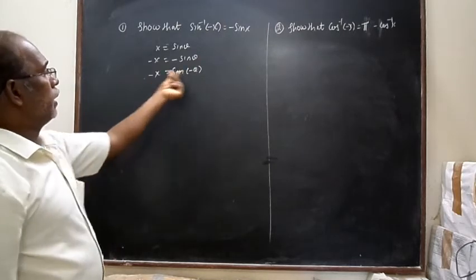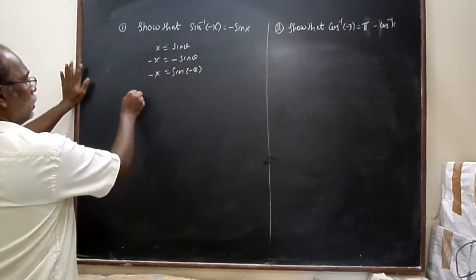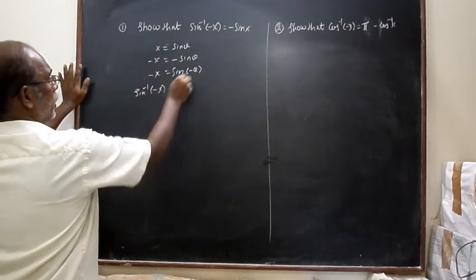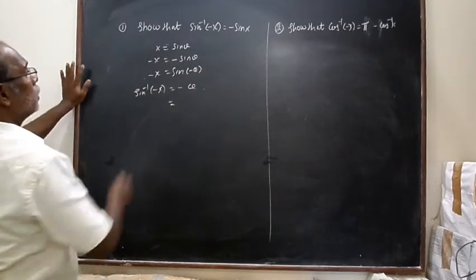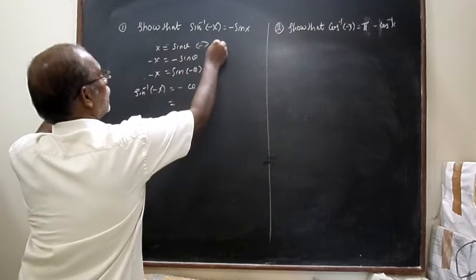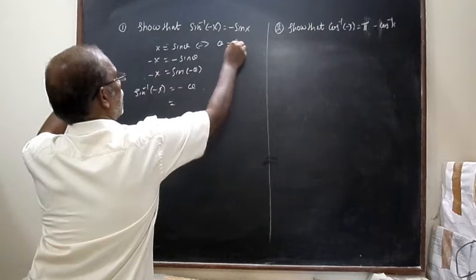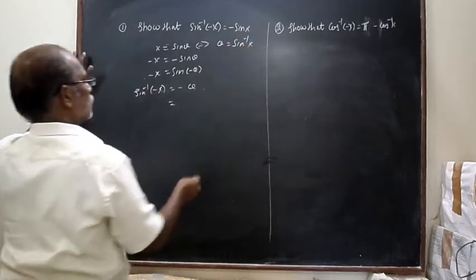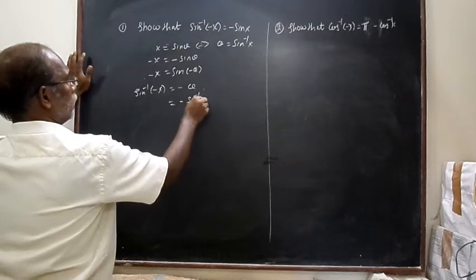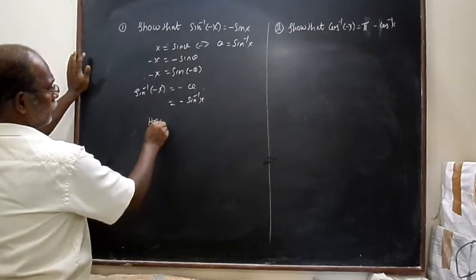If we introduce sine inverse on both sides, then sine inverse of negative x equals negative theta. Since x equals sine theta, theta equals sine inverse x. So negative theta is nothing but negative sine inverse x. Hence the proof.